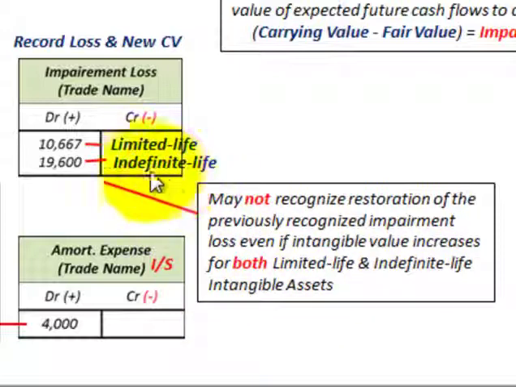So whatever we recognized as an impairment loss, we can't restore it when we're dealing with these intangibles. We just have to leave that on the books. If it increases in value, we wouldn't be restoring any of the impairment losses. So this is how we'd handle impairment testing for both the intangible and the tangible assets.